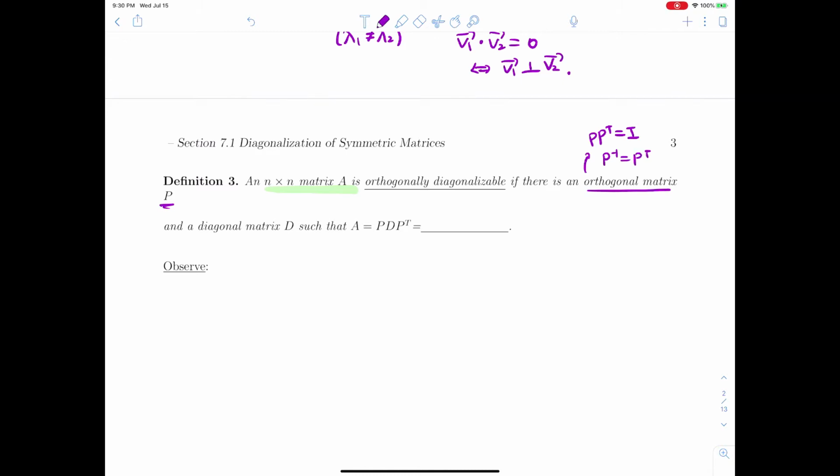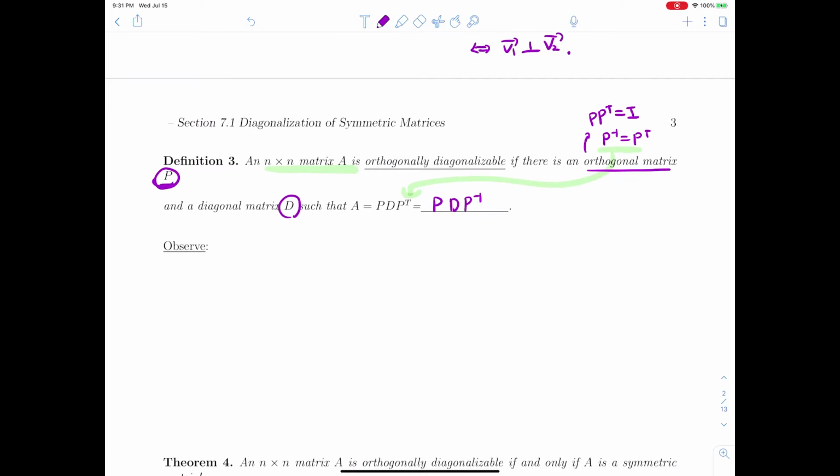And here, if we can diagonalize the given matrix using an orthogonal matrix P and a diagonal matrix D, then we say A is orthogonally diagonalizable. So A equals P D P inverse. An orthogonally diagonalizable matrix has an interesting property.